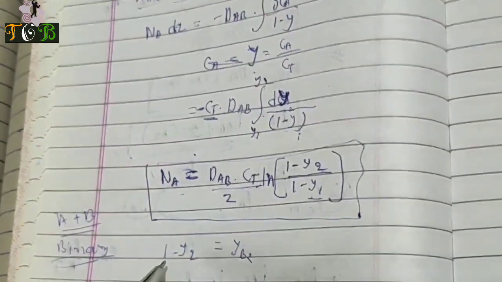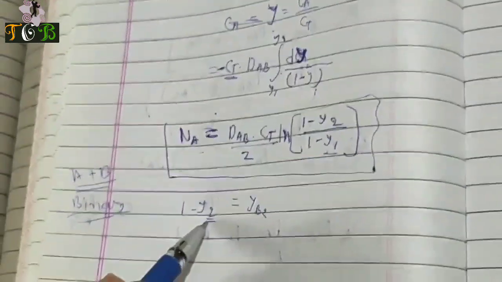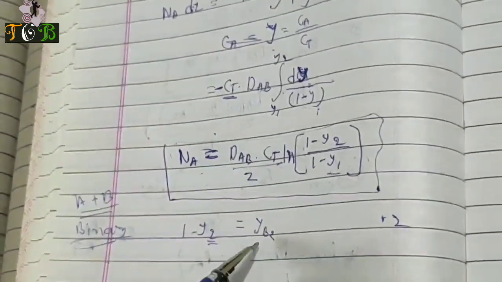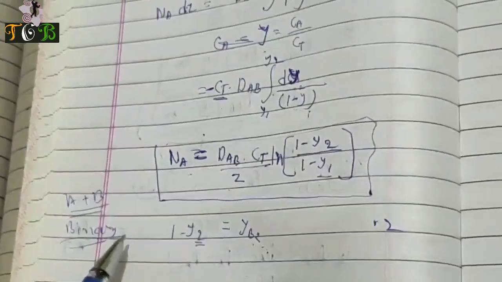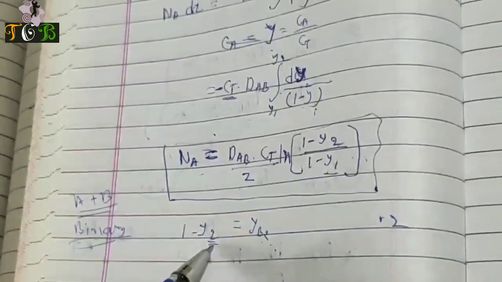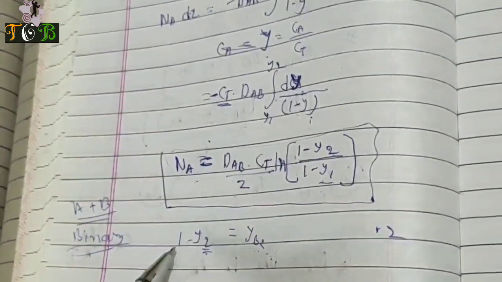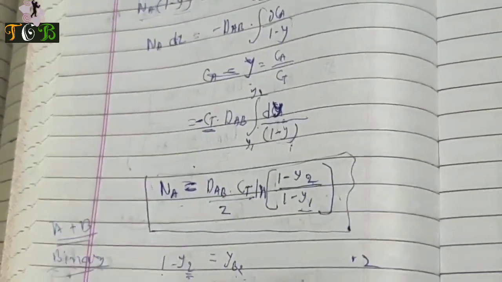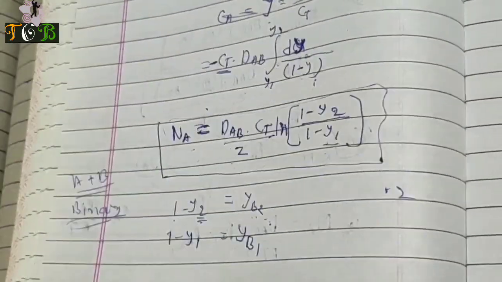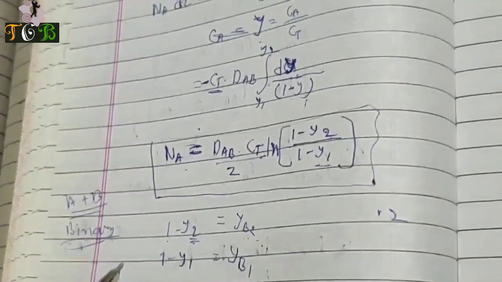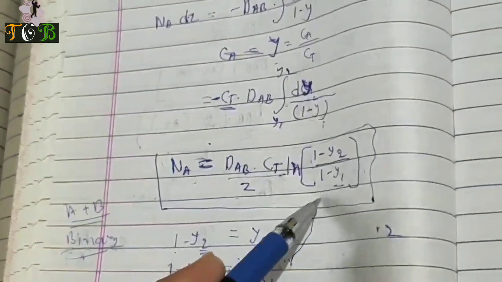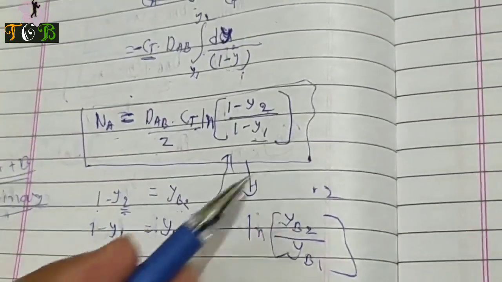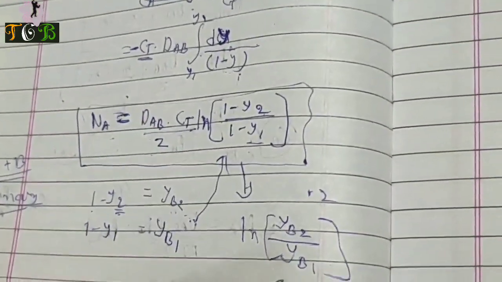Okay, y2 is the mole fraction of a at point 2, and 1 minus y2 is the mole fraction of b at point 2. We know that there are only two things, so their sum will be 1. Okay, that's a simple thing. And 1 minus y1 will be yb1. Okay, is it clear? So what is this thing? Actually this thing is nothing but ln of yb2 upon yb1.